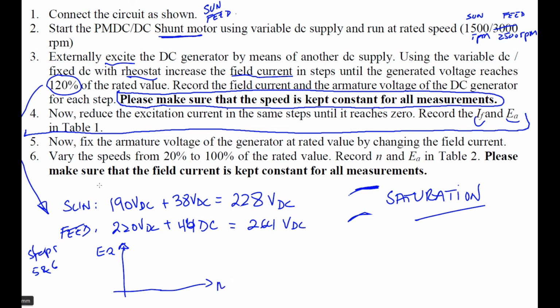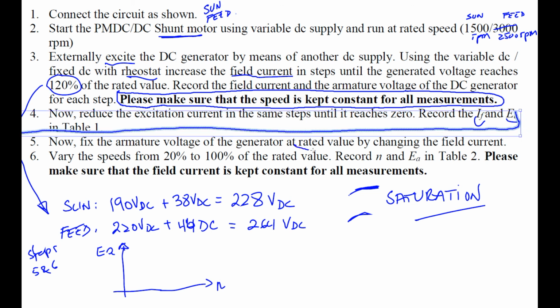What you have to do is excite our generator till we reach the rated voltages for both stations, which are 190 volts for sun and 220 volts for feedback.